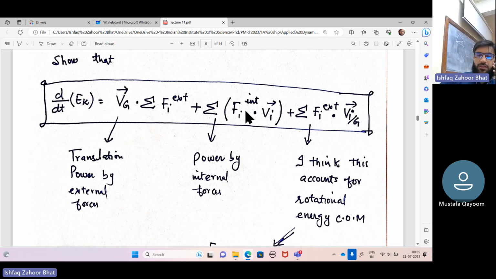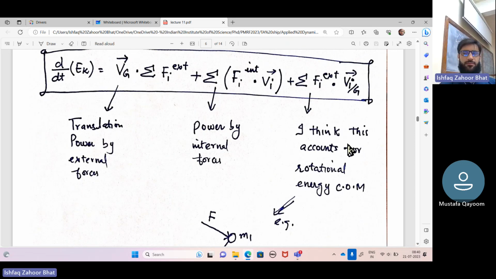Then internal forces were dotted with the individual particle velocities and summed over the whole system, so this is the power by the internal forces. And there was another term which accounts for the rotational energy about the center of mass.